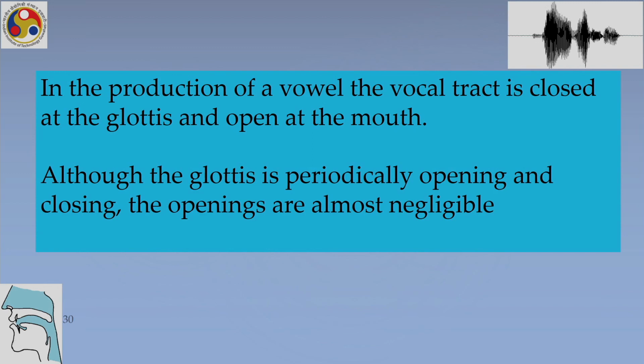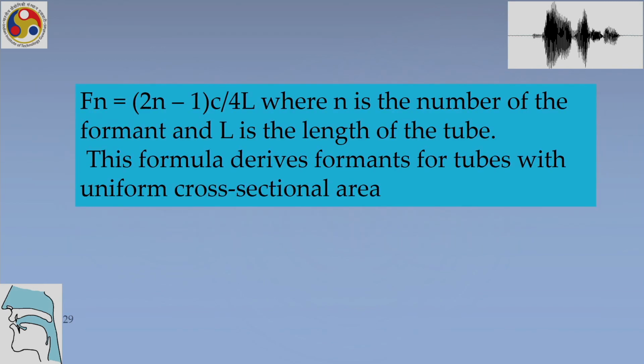And suppose we have a certain length L of the tube for a certain person, then you can compute from it the values, for F1 for example, using 4L. So before we talk about individual vowels, for another time, let us look at the source filter theory.